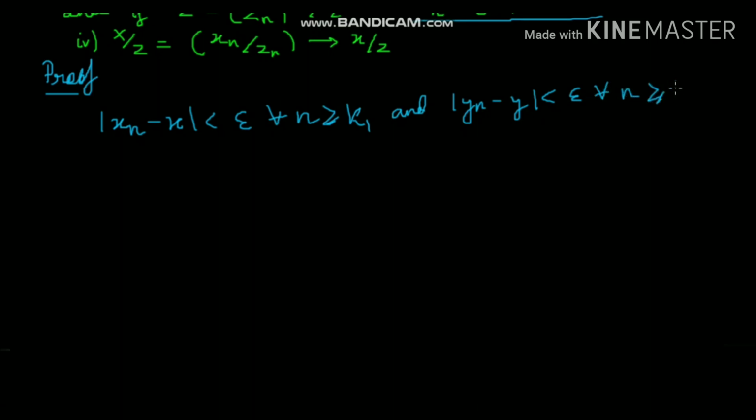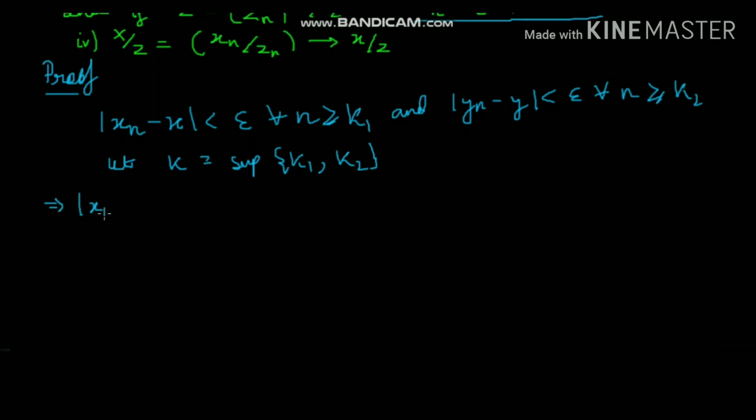Now k1 and k2 are different, but we want to compare these two inequalities together. So what we do is we let k equal the supremum of k1 and k2. After doing this, we can see that k is greater than or equal to k1 and k2.